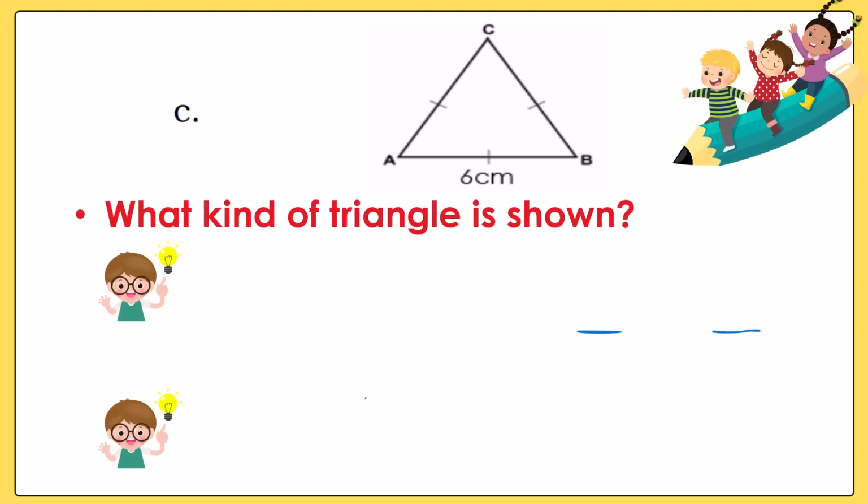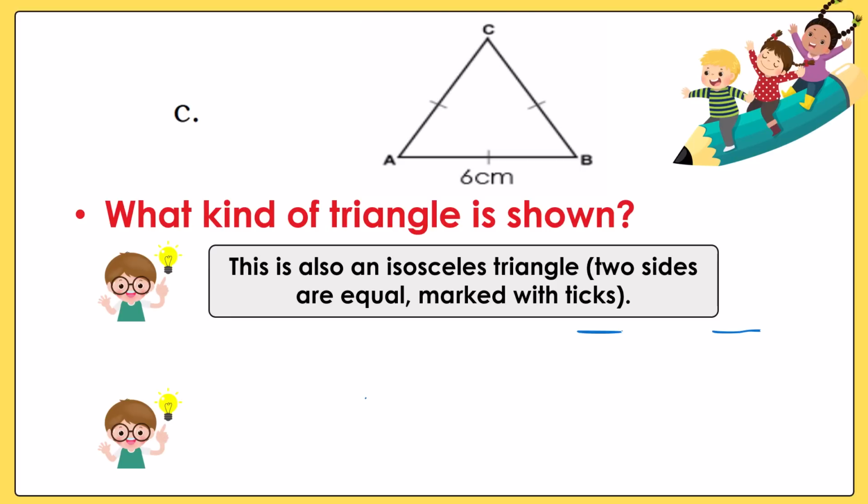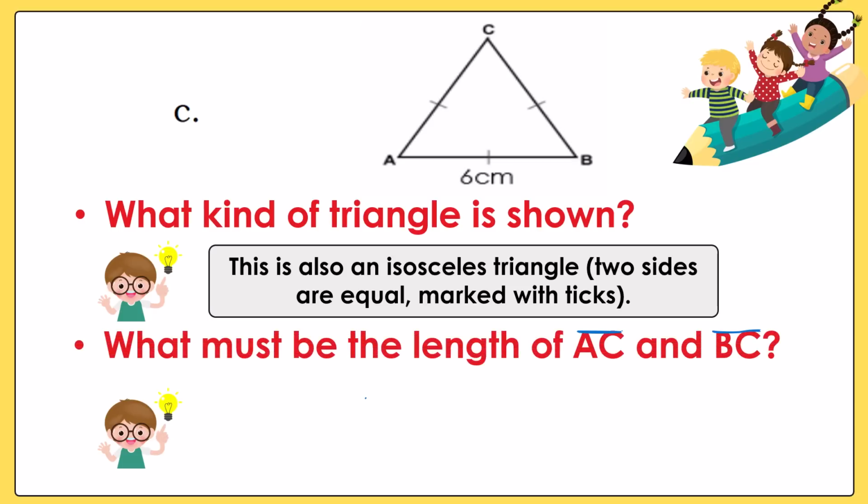Letter C. What kind of triangle is shown? The answer: this is also an isosceles triangle. Two sides are equal, marked with ticks. What must be the length of side AC and side BC?